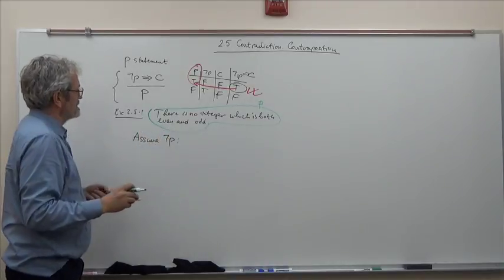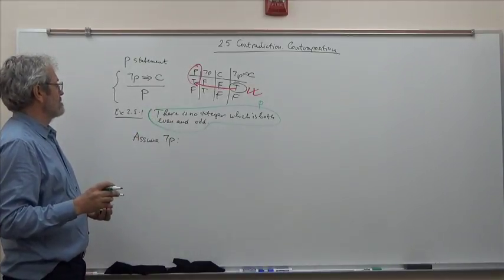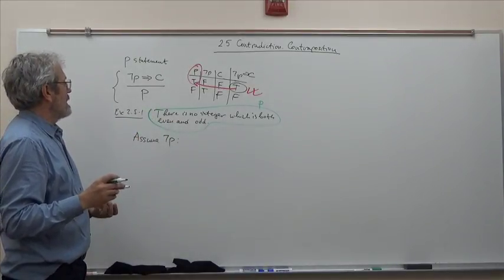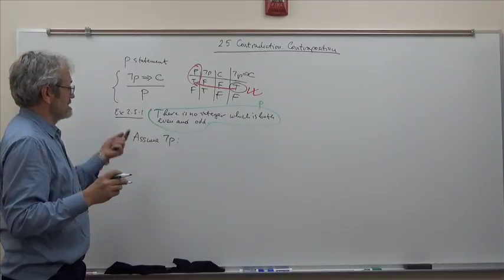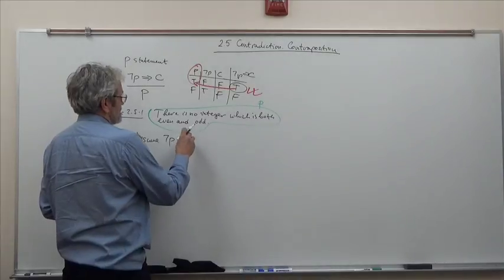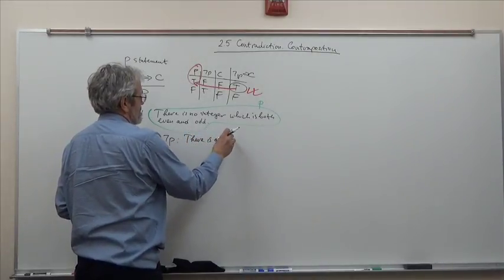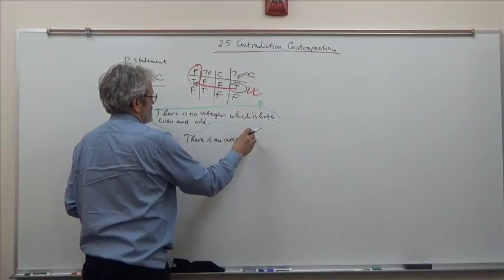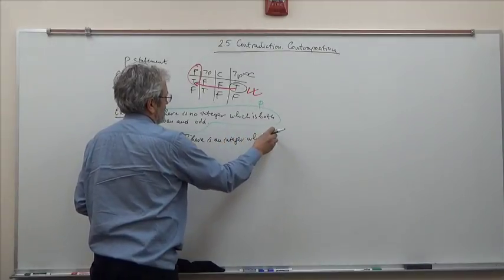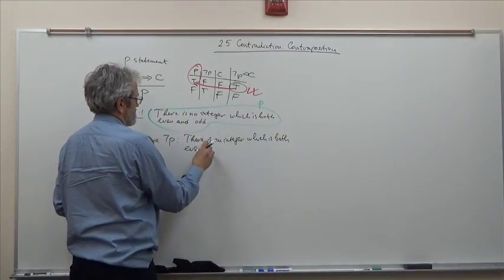What would that be? Not P is: it is not true that there is no such integer, so there is an integer which is both even and odd.